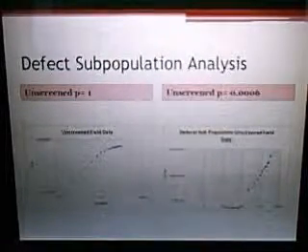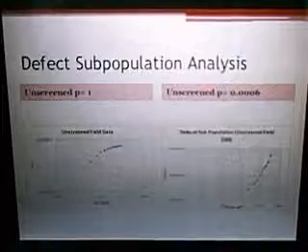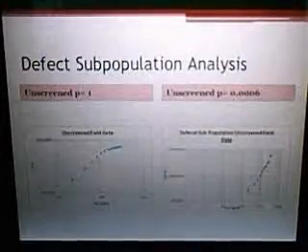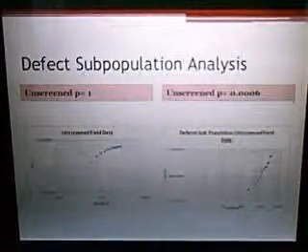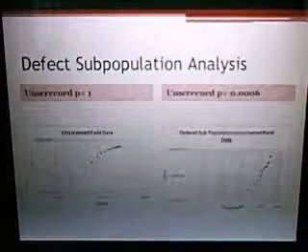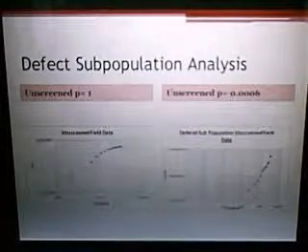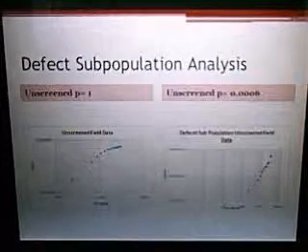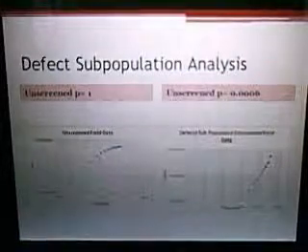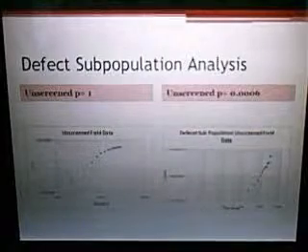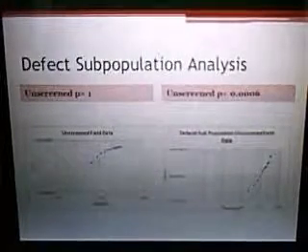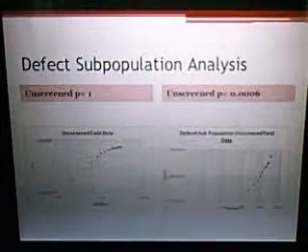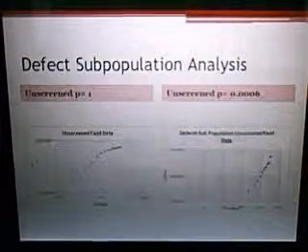Our next step was to take this data and evaluate it with p equal to 0.006. Again, using the same plotting methodologies, plotting the cumulative failures over time on a log-log scale. If a defect subpopulation does exist, we would expect to see a much more linear plot.